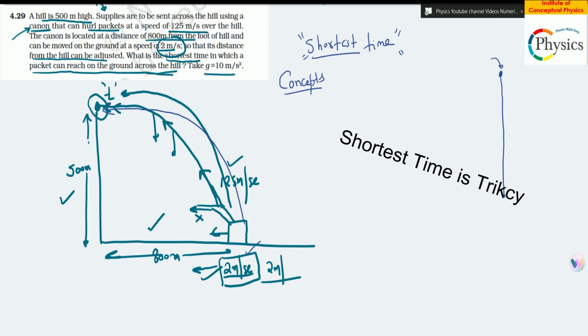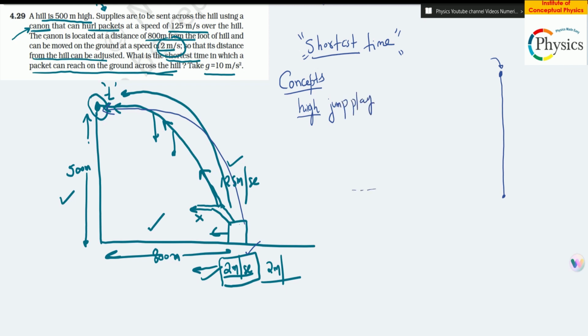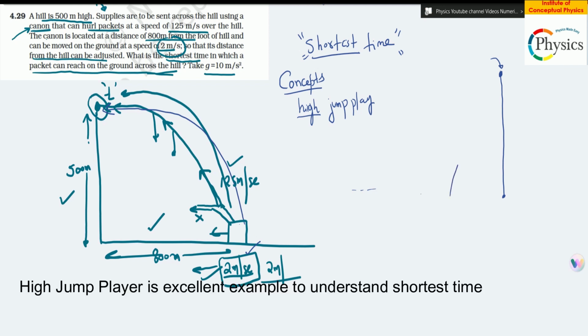The fastest way to throw this, and you want elevation, is, for example, think of a high jump player. What does a high jump player do? They run, and when they jump, they cross the high jump and move to the other side.